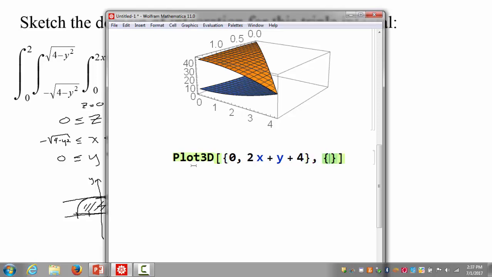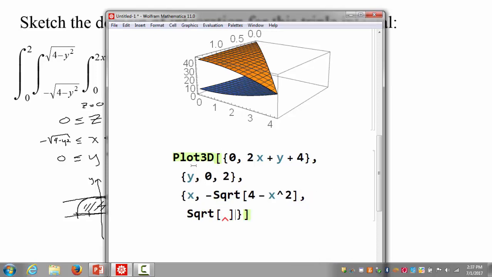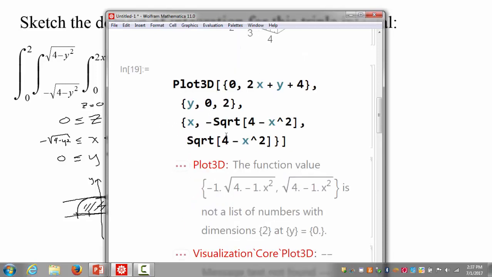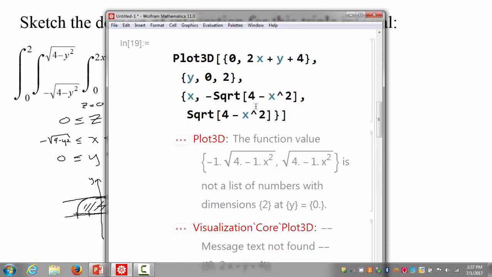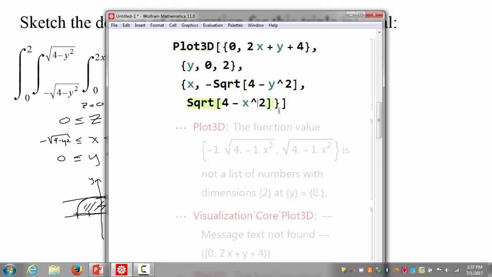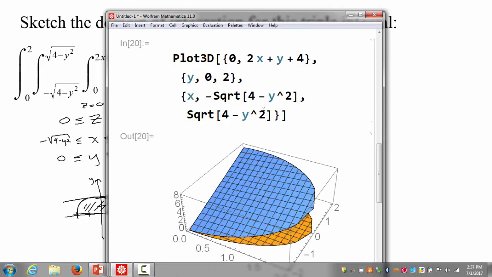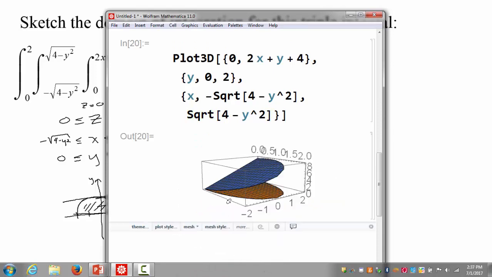And we said the bounds on y went from 0 to 2, and bounds on x is running from the negative square root of 4 minus x squared to the positive square root of 4 minus x squared. Let's see. Oh, sorry. I made a mistake. That's supposed to be y. So there we go. Okay, and you can see the two surfaces.